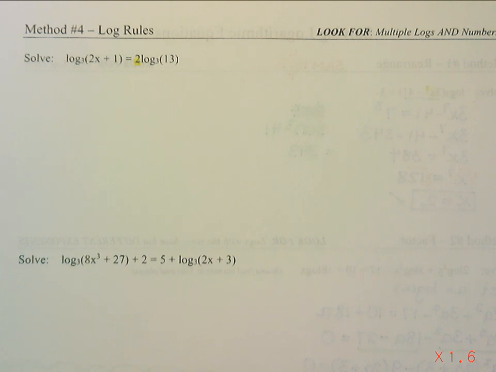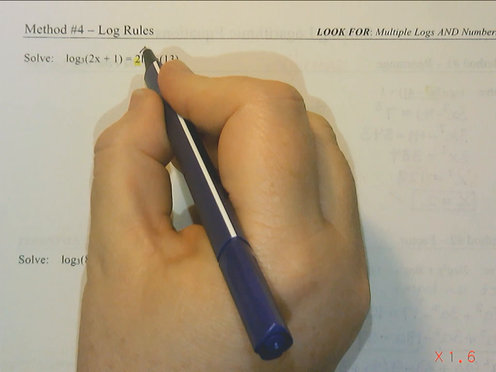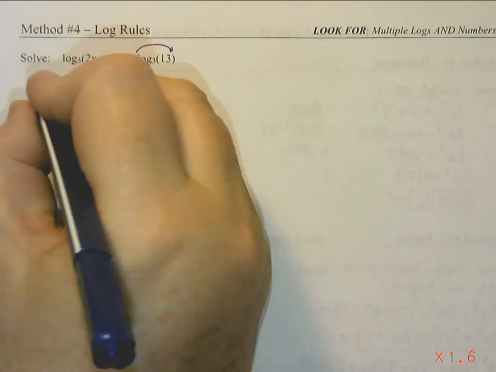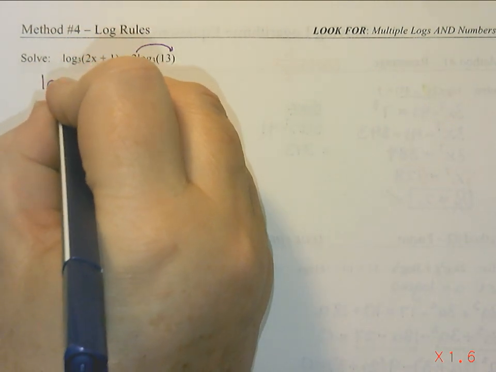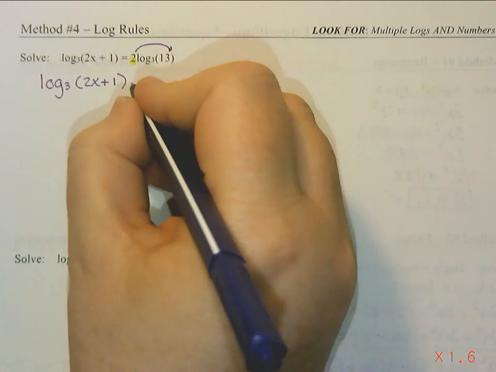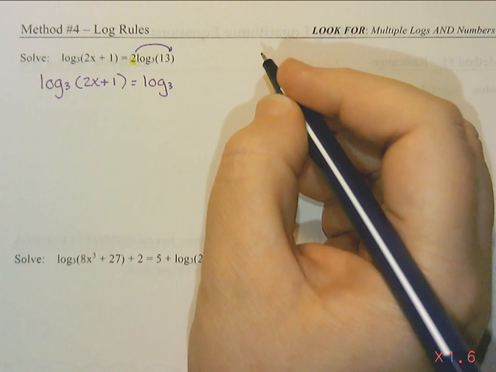So one of the rules that we learned when we were talking about our log rules is that you can take an exponent, you can take a coefficient and move it up as an exponent on the argument. You also can take the exponent off the argument and make it a coefficient out front. So I'm going to say this is log base 3 of 2x plus 1. And then this is going to be log base 3 of 13 squared.